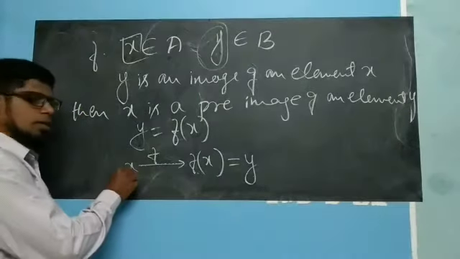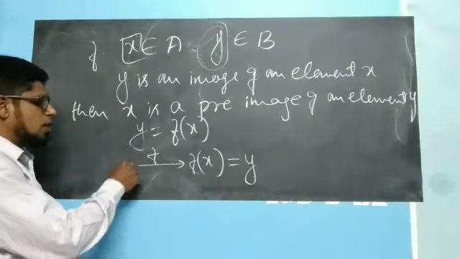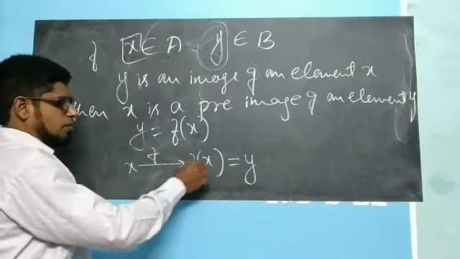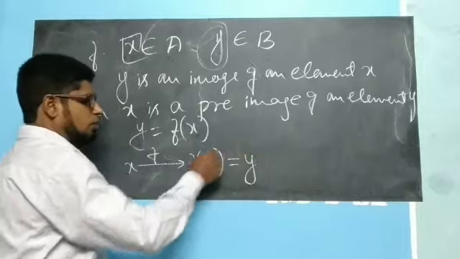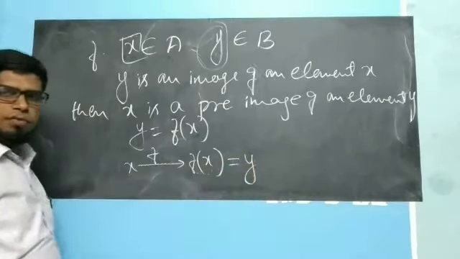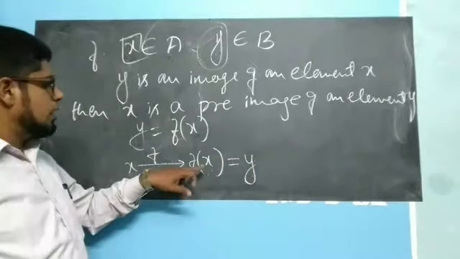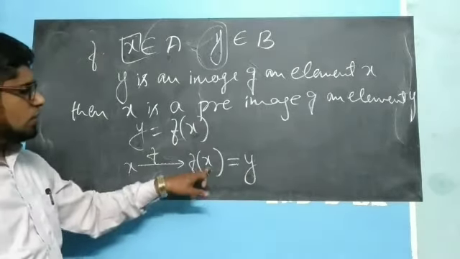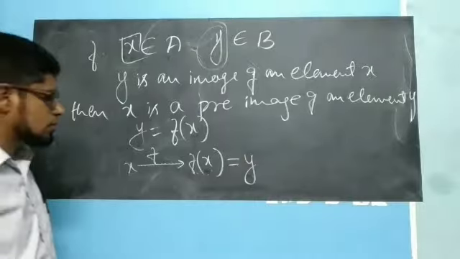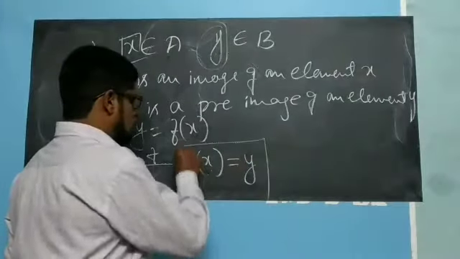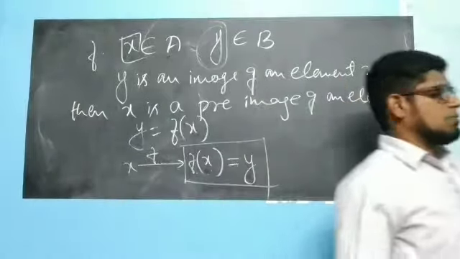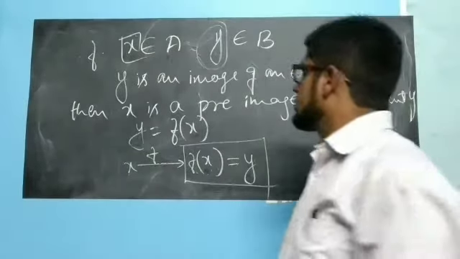If an input x or element x performs under f, then it comes output as f of x, and that we can call y. So y is equal to f of x, and in this we will declare that y is an image of x and x is a pre-image of element y. So in general we will represent a function like this.